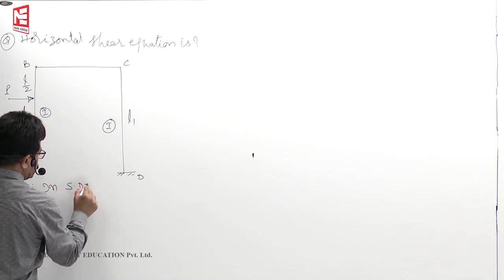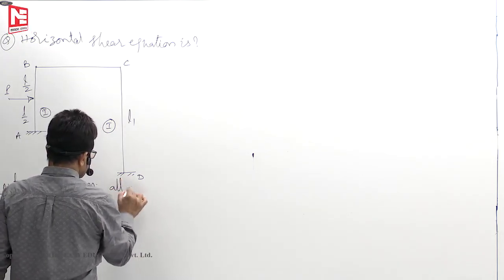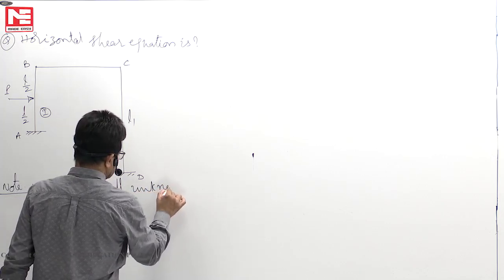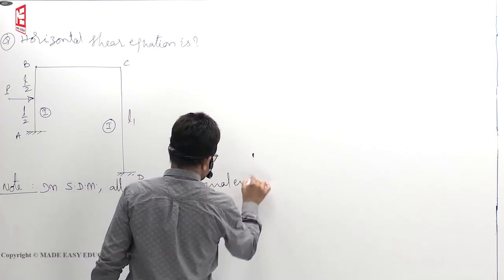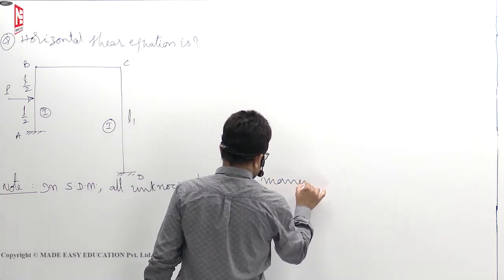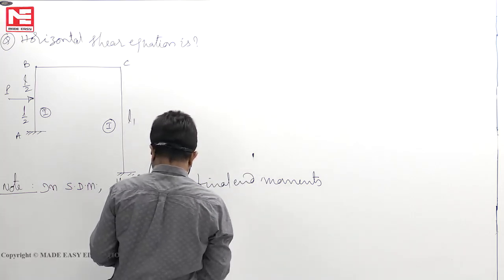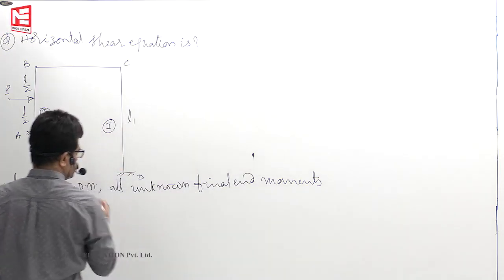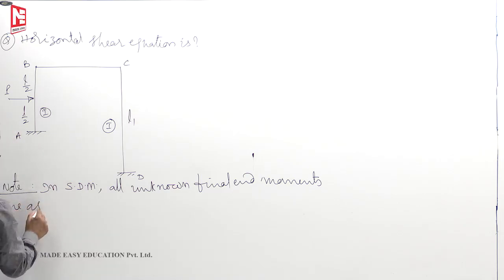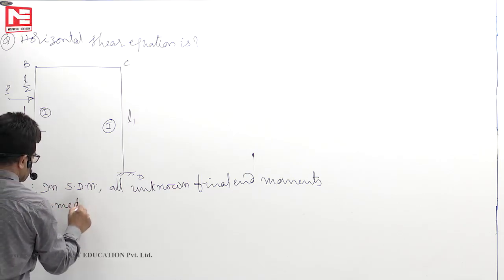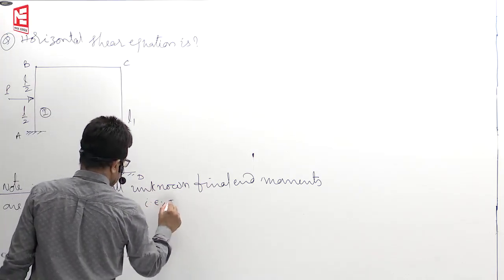In slope deflection method, all unknown final end moments are assumed to be positive, that is clockwise.